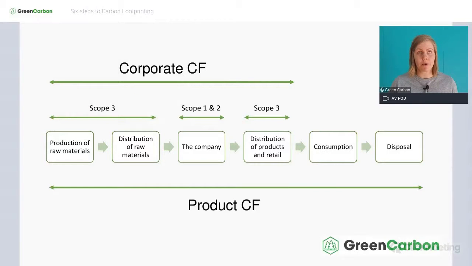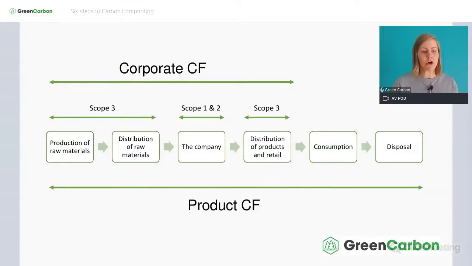In this slide, I want to clarify the difference between product and corporate carbon footprint. In the middle, you can see again the different life cycle stages. And as I said before, the product carbon footprint covers all of them, and the corporate carbon footprint covers part of those life cycles. Scope 1 and 2 are those emissions that come from your own operations.